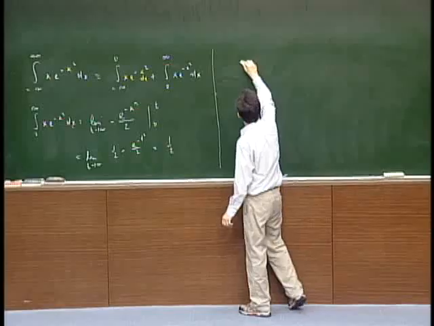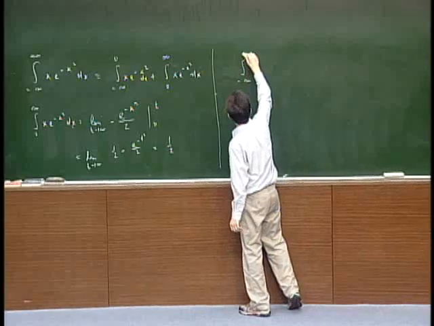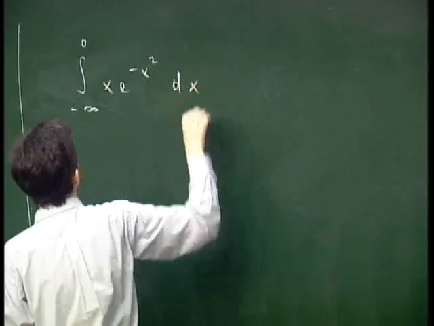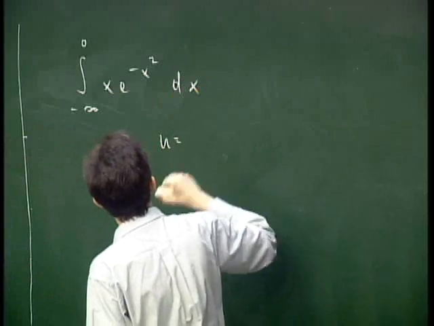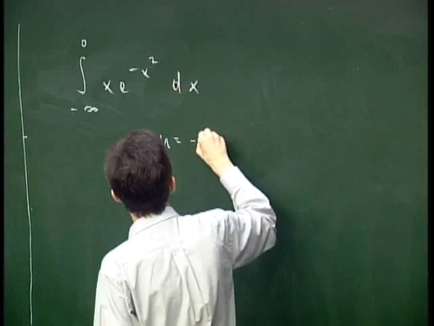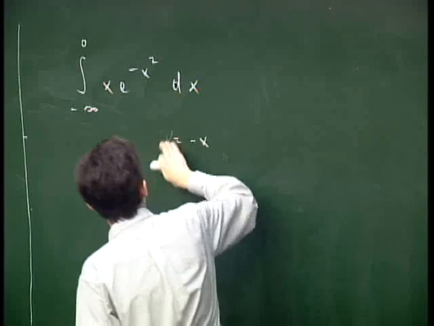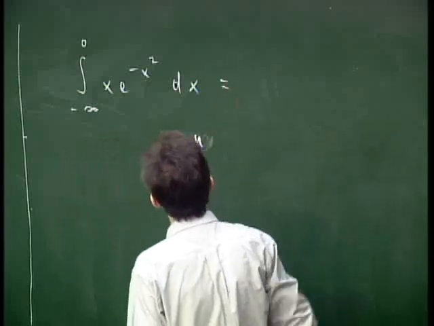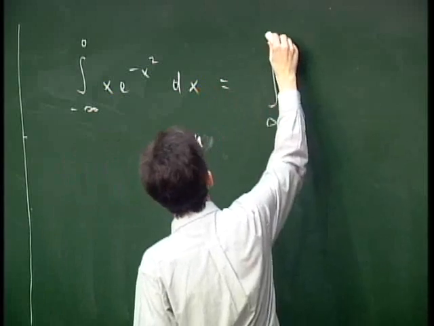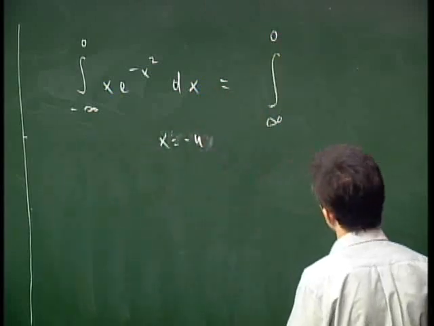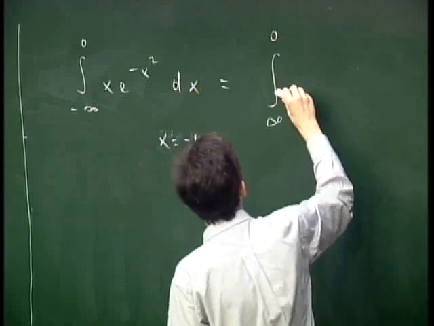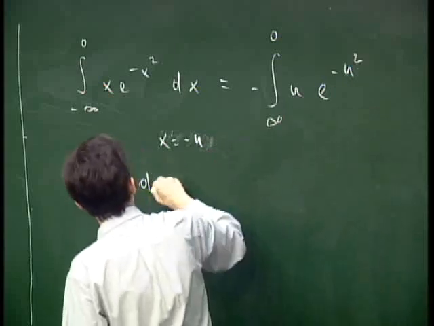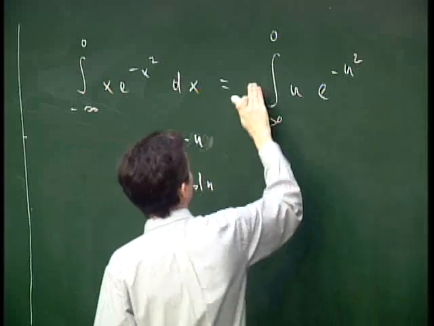Now, if you do the same for the integral from minus infinity to 0 of x e to the minus x squared dx, you can make the substitution u equal to minus x, so x is equal to minus u. Then this transforms into the integral from infinity to 0, where the integrand becomes minus u e to the minus u squared, and dx is equal to minus du, so we can drop this.